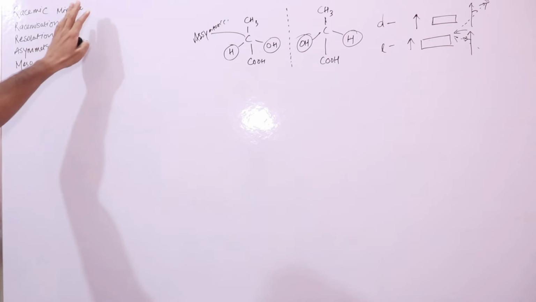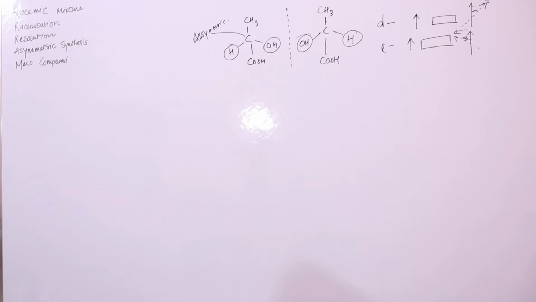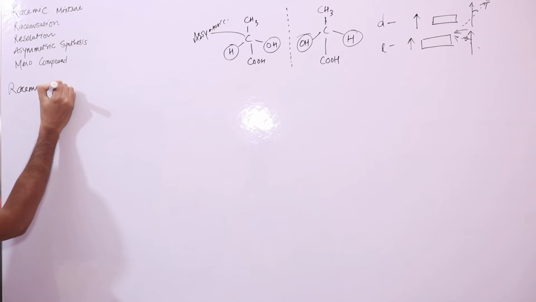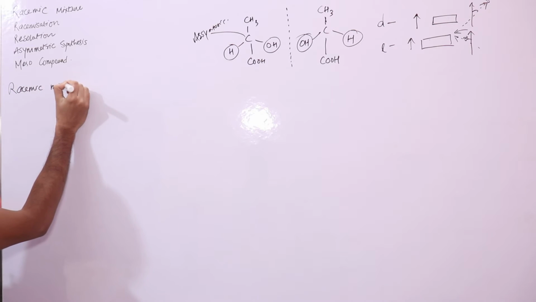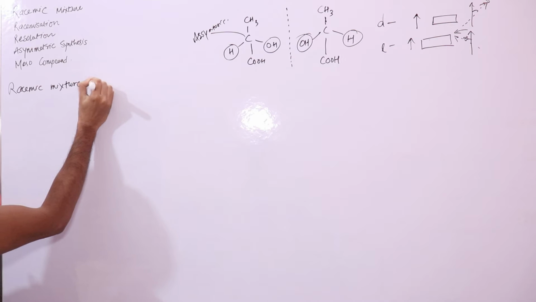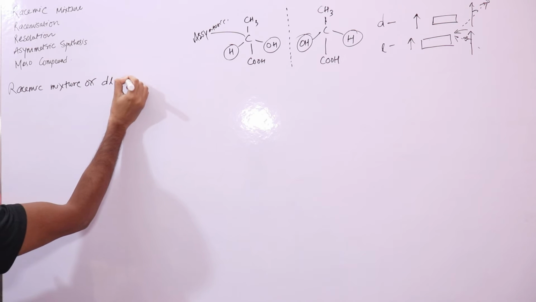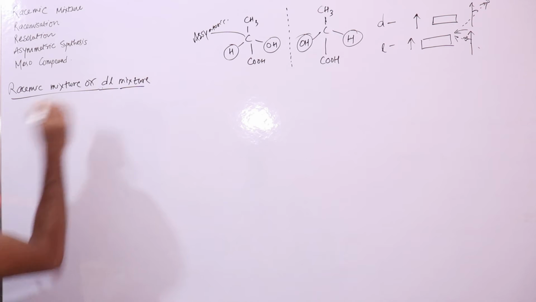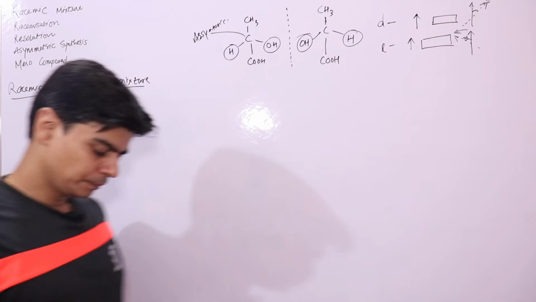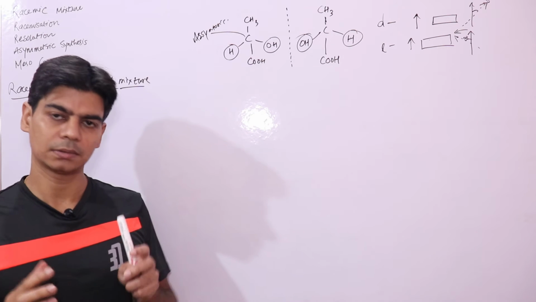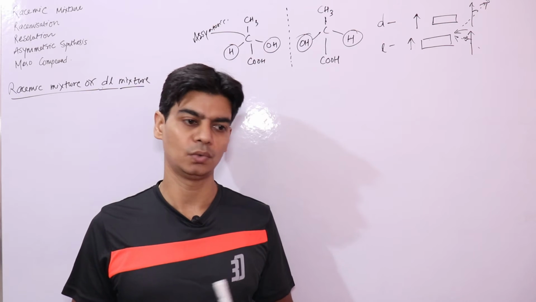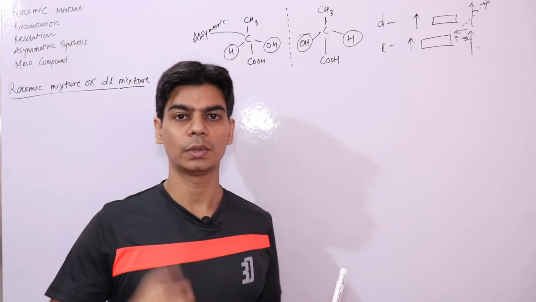Now let's look at the racemic mixture. We also call it DL mixture. Now, if you remember, when we studied optical activity, we said that there are some compounds that rotate the plane of polarized light towards left, some will rotate towards right.